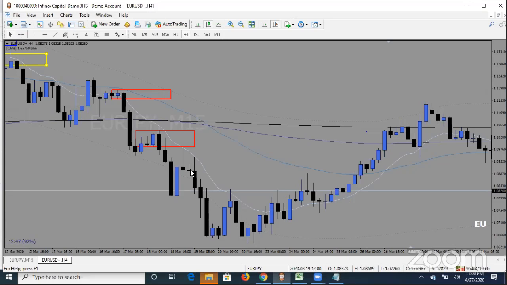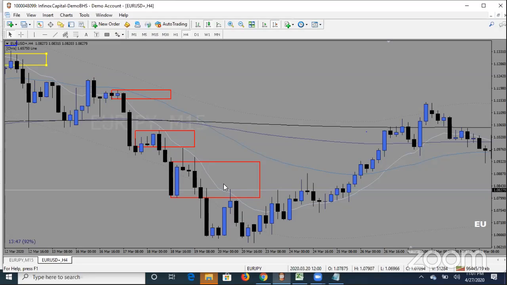Very good. So price continued giving us lower lows. Then we had this low here. Price traded into this order block. This was another order block, the last bullish candle here, the last bullish candle before the low.